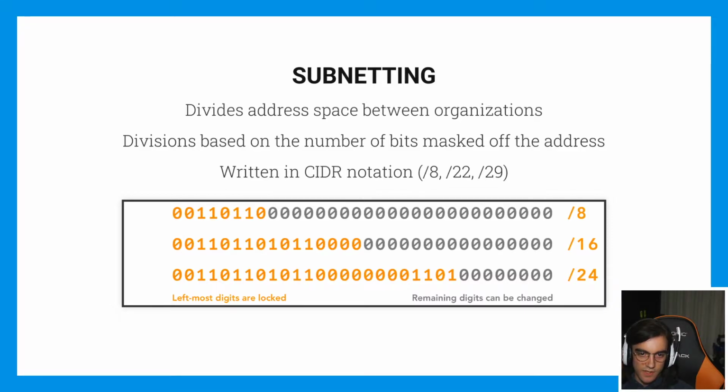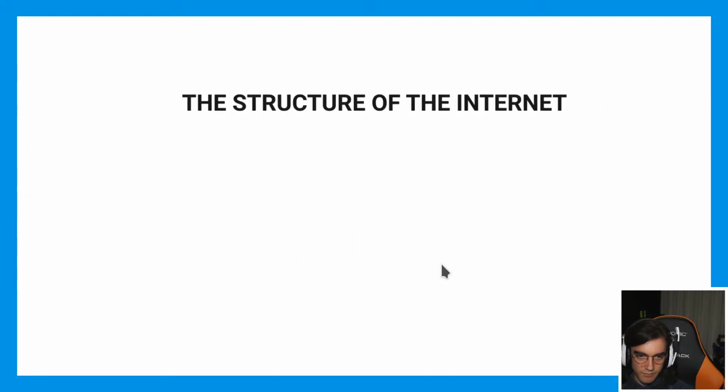We use CIDR notation, which is like slash a number, and that number is the amount of bits that we mask off to denote how we split this network. So for /8, we keep 8 bits and we mask off the rest. This 8-bit part identifies what our network is, and the rest is what's inside the network. We use the same notation in IPv6.